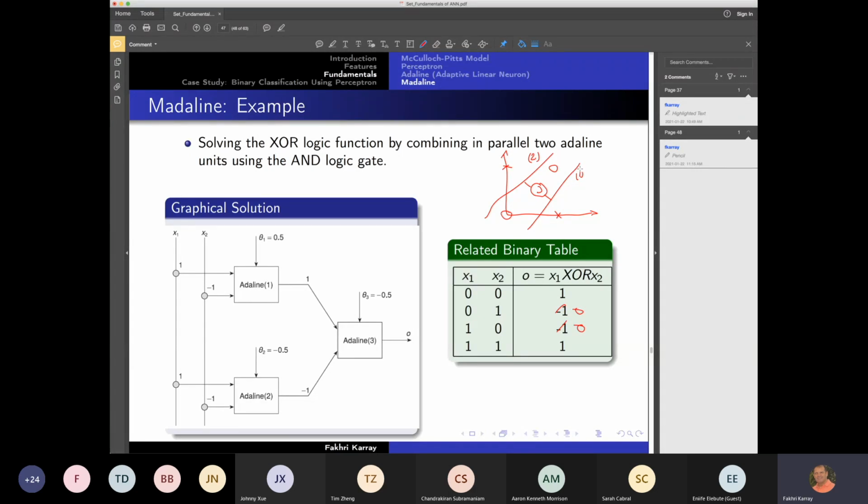So now with this line here and this line here, we are able to separate between this class of the O's or the zeros and this class of these elements. So we can see that the Madaline is able to solve a problem that is related to non-linearly separable formulas. So we are utilizing these ones because we are not able to, so let me undo this one.